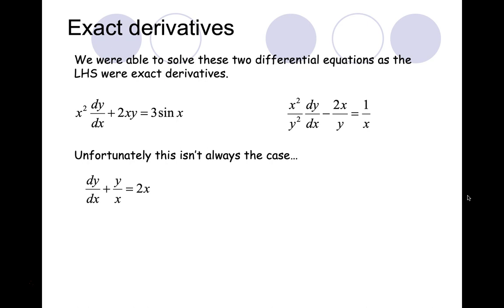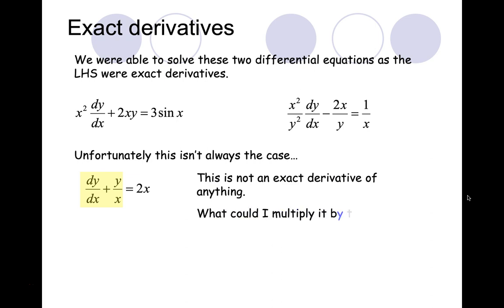For example, this one, what can we do to make the left-hand side of this one an exact derivative? It's not an exact derivative, so what can we do to make it an exact derivative? Think of something you can multiply all through that will give you an exact derivative.